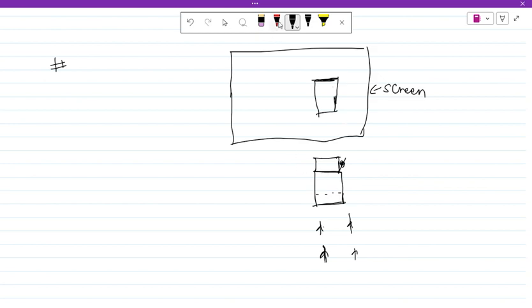But if these rays are coming at an angle, they are coming parallel to each other, but at an angle. It will touch this point, this point, and this point, and it will look like this.